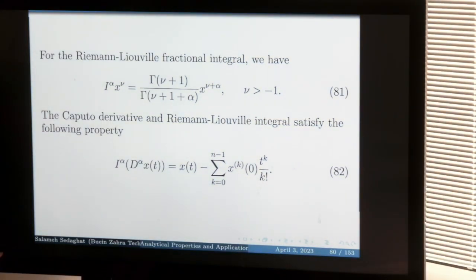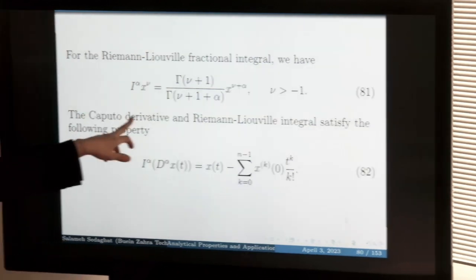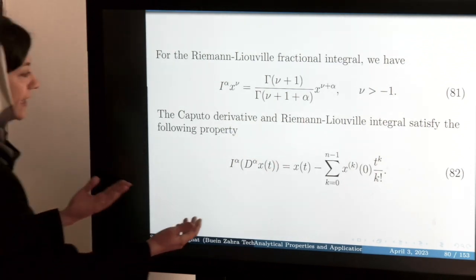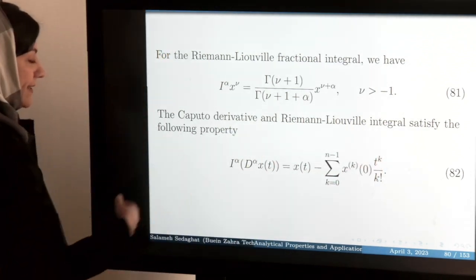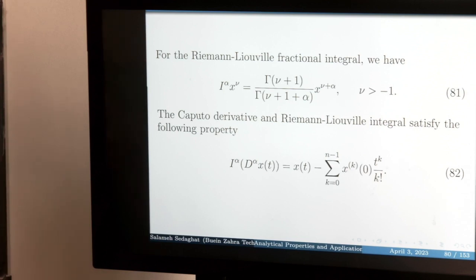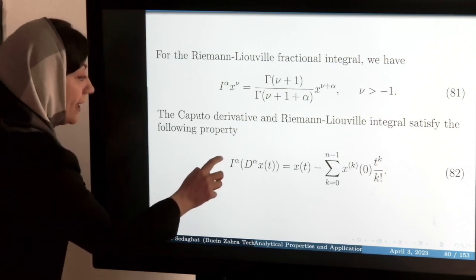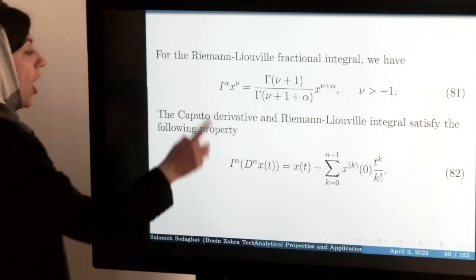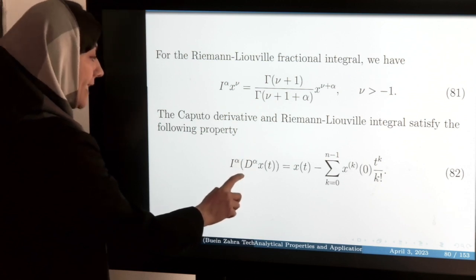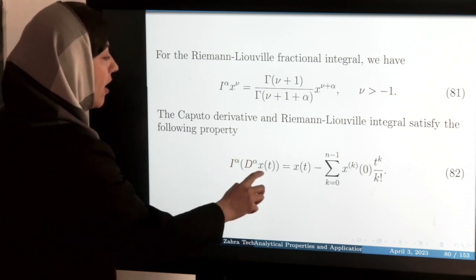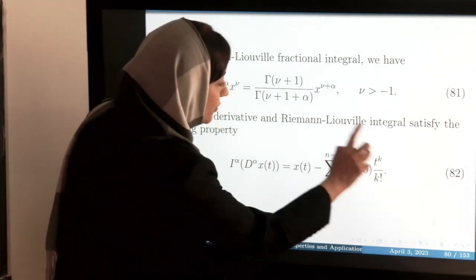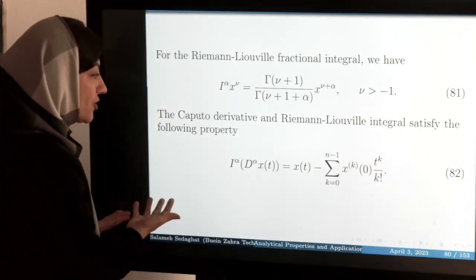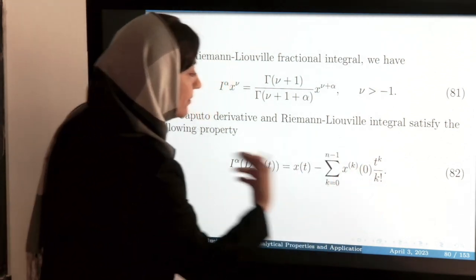The kappa 2 derivative and Riemann-Liouville integral satisfy this property. The Riemann-Liouville fractional integral of order alpha of the kappa 2 derivative of order alpha of x equals this. It's not only this term. For fractional calculus, we have this term too.